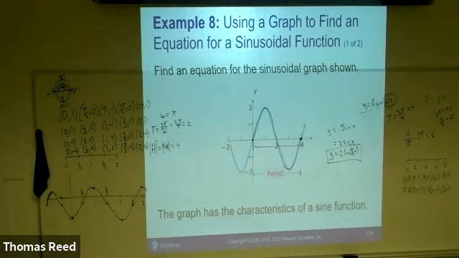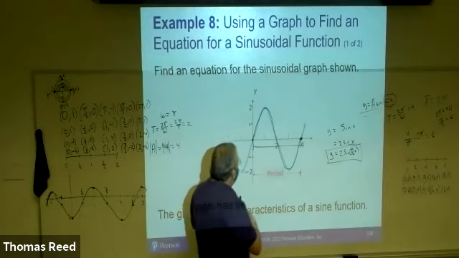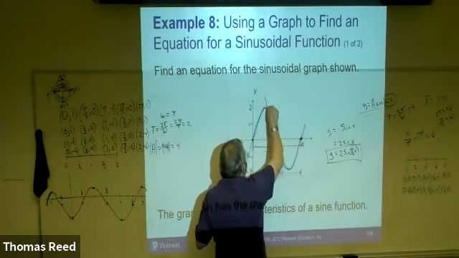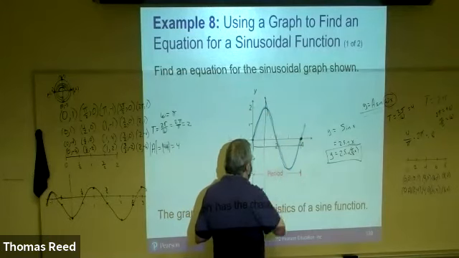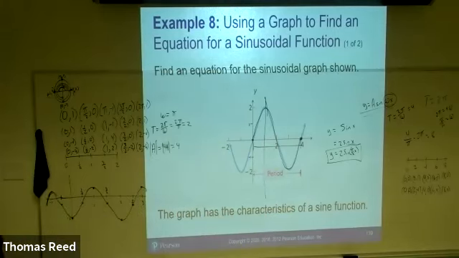So the graph has the characteristics of a sine function, and that's why I use sine. If the y-axis was over here, then I would use the cosine function. And there's no shift up and down or left to right. All the transformations here are stretches and compressions.